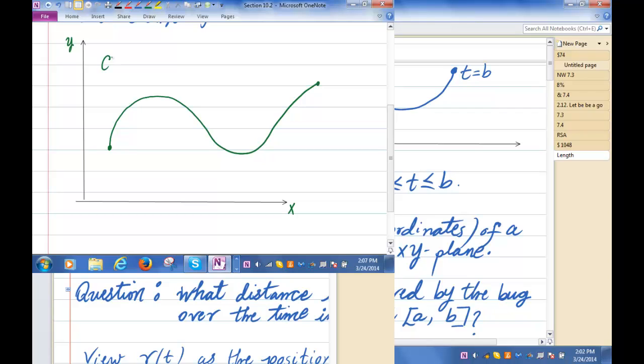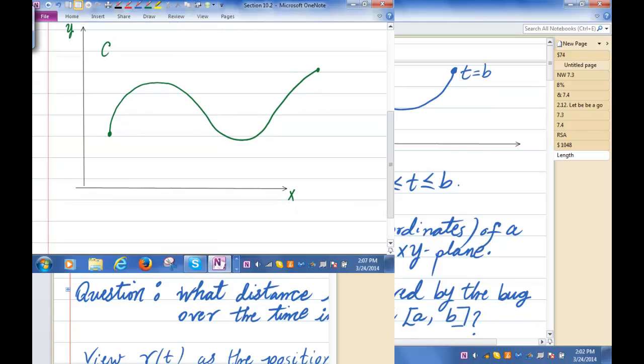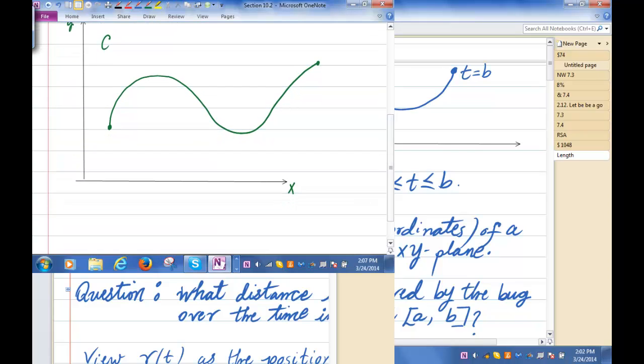Okay, and so to see what should be the definition of length, let's think about how we might be approximating the length. Let's say right now I only know the length of a straight line segment, right? And the question is, how do I approximate the length of this curve?